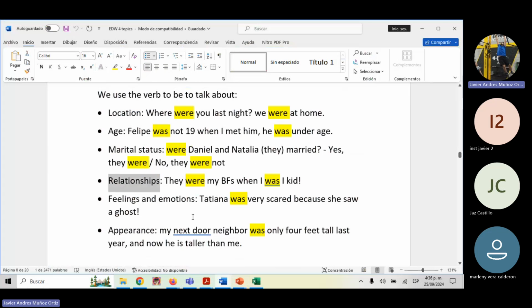Relationships, for example, friends, cousins, brothers, and so on, relatives. For feelings and emotions, for example, yesterday I was tired, but today I feel energetic. For example, this is a comparison between past and present.